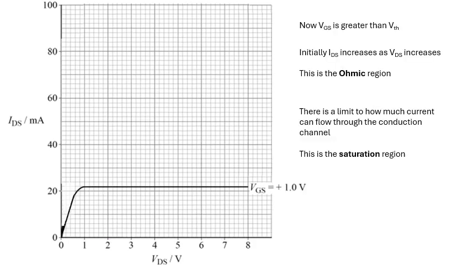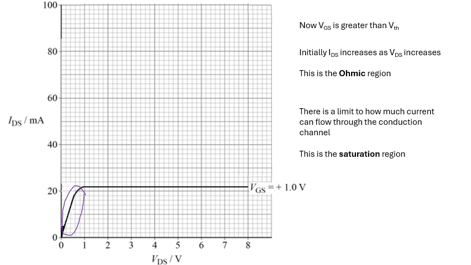Now, if we make VGS bigger, then this conduction channel forms. VGS is greater than the threshold, and basically we start getting a current flowing. We've got this bit here called the ohmic region, and basically the output voltage is proportional to the current flowing through the transistor.